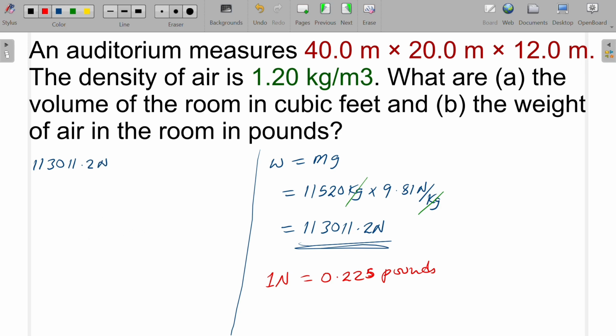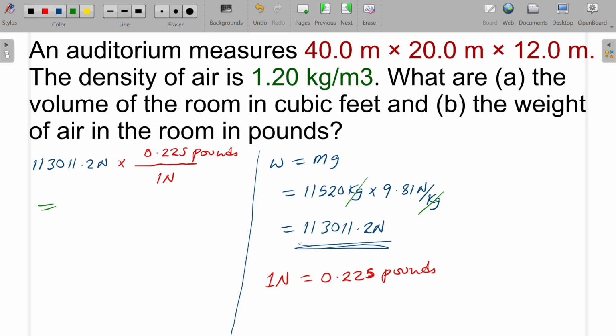To convert from newtons to pounds, we multiply by the conversion: down here we have 1 newton, and on top we have 0.225 pounds. We put newtons down so that the unit of newton can cancel and our unit of interest, pounds, remains. So let's punch our calculators again.